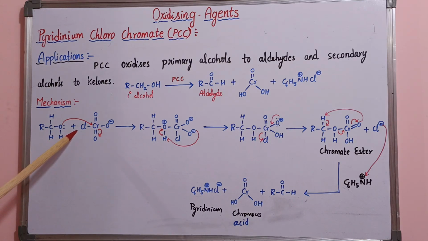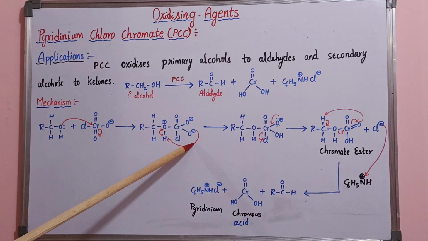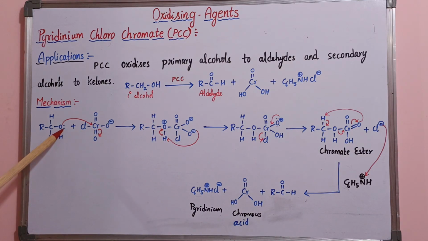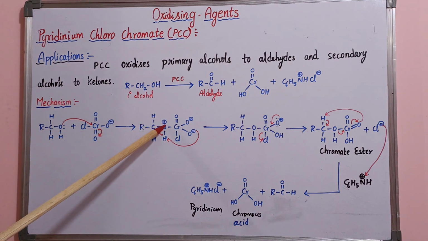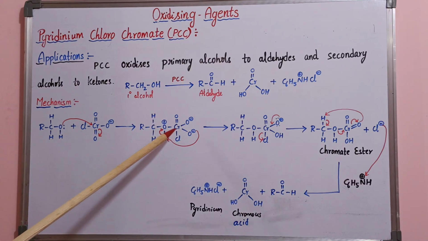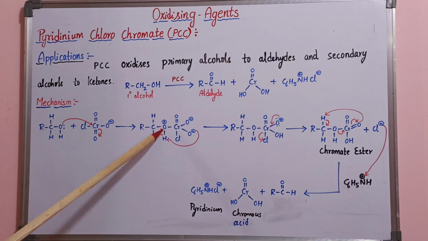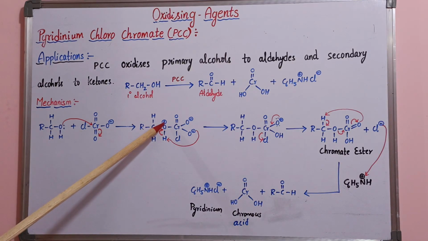Now you can observe this O gets a negative charge, and as the other oxygen donated electrons, it gets a positive charge. Next, I am shifting the oxygen-hydrogen bond, the bond between the oxygen and hydrogen, towards oxygen.